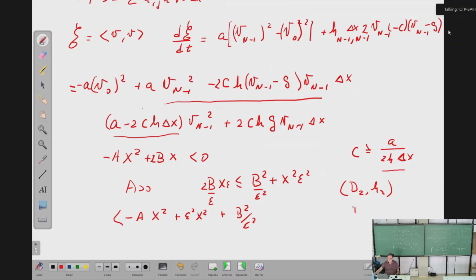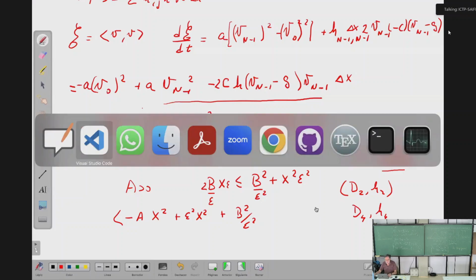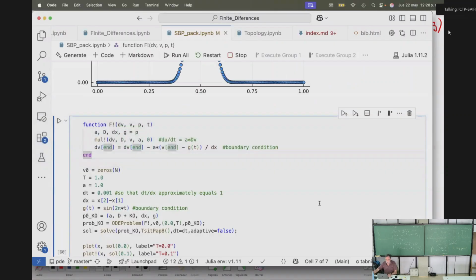For the D4, I need to compute this h, right? There will be an h4 in the last point, and so I have to put it here. So my C I just construct this way. Get the delta x and the h, right?